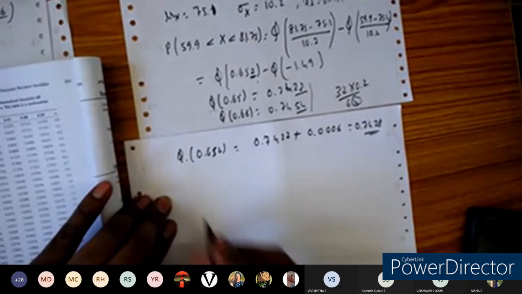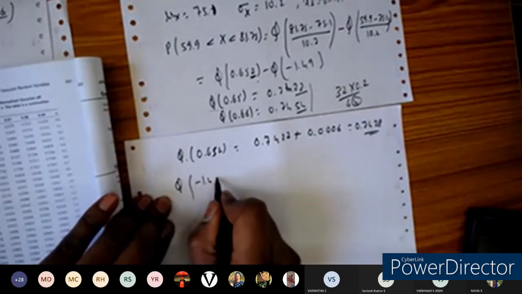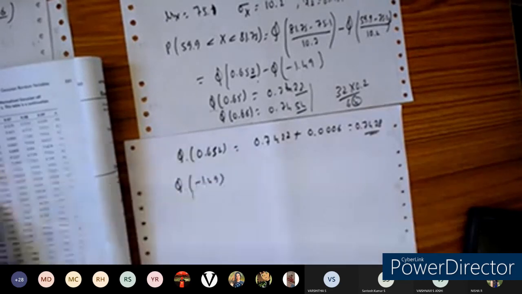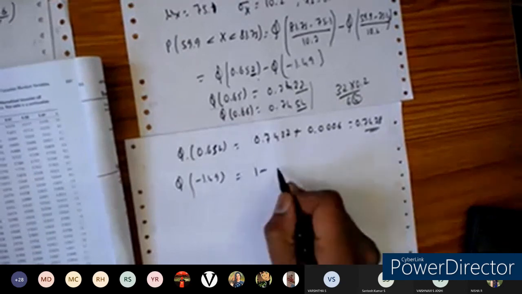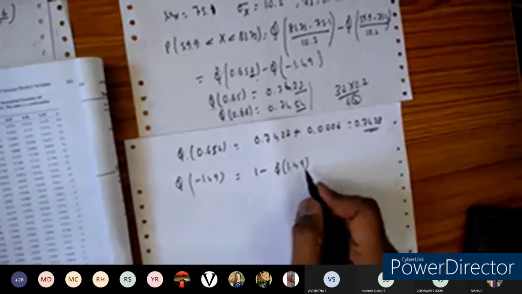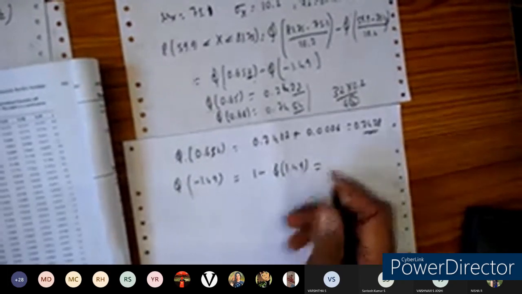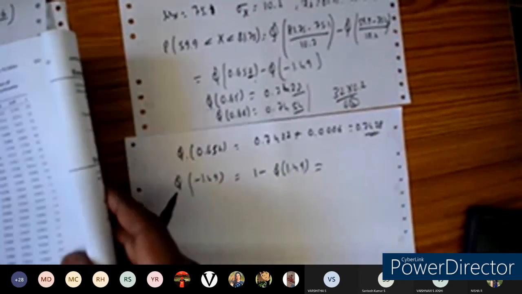Okay. Similarly, for the next one, phi of minus 1.49. In the table, we don't have the value for minus 1.49, but we can write it as 1 minus phi of 1.49. So this will become equal to 1 minus phi of 1.49. We have the value for 1.4 at 9, which is 0.9319.